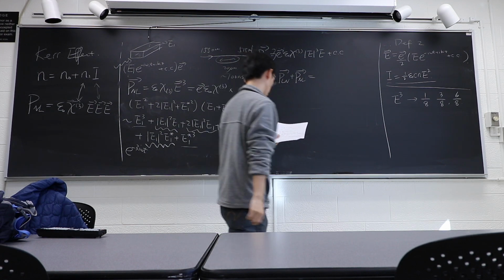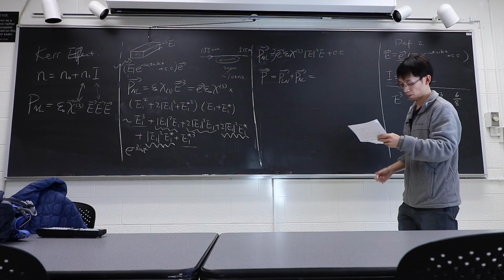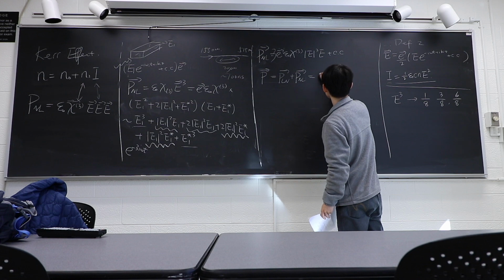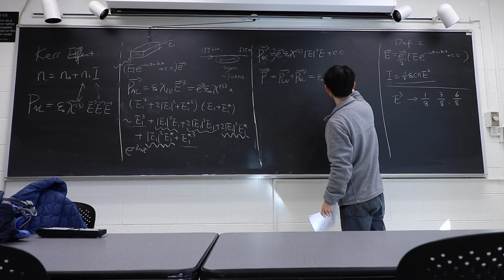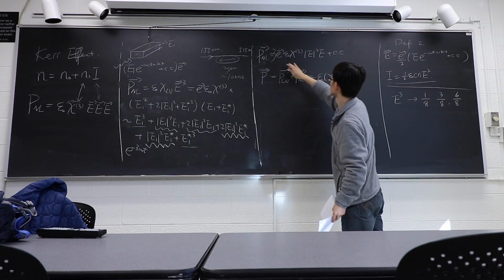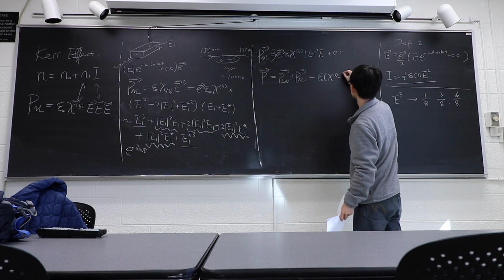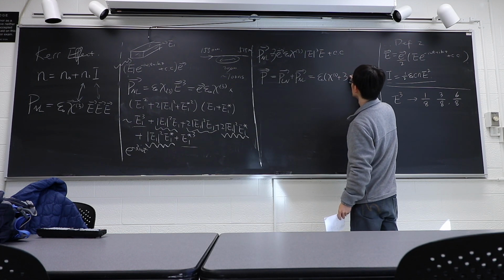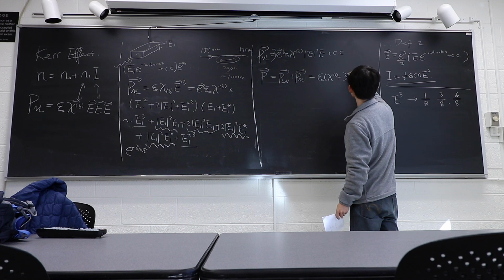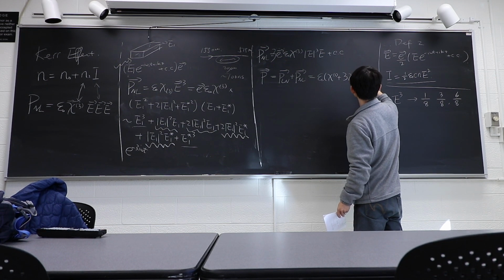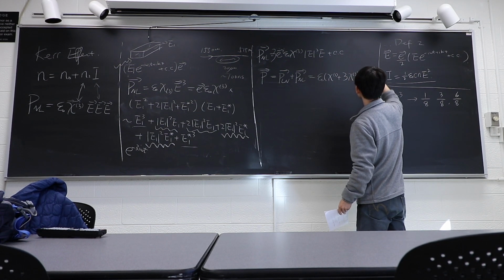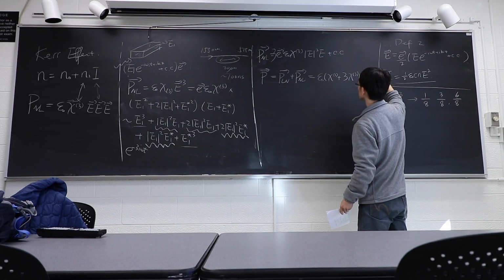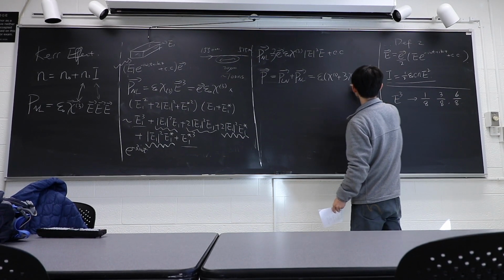Okay, and then you would have epsilon chi1 plus 3 chi3 E squared E, and then CC.